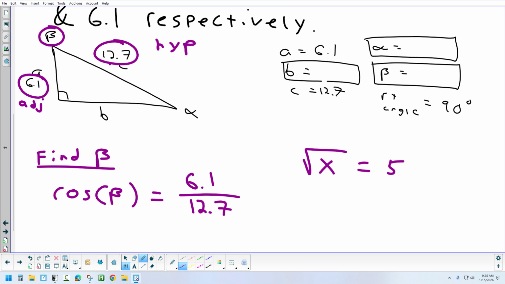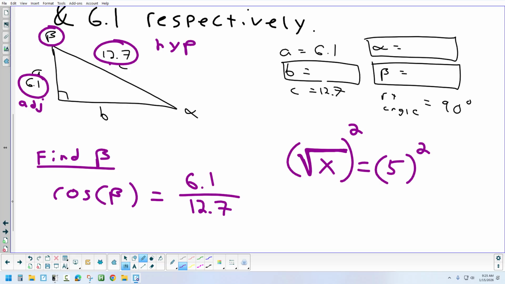The only way to get rid of this function is with another function. And we have to use the function that is going to cancel out the one we're trying to get rid of. So we had a square root, we used a square function. Those two functions are what we call inverses of each other, squaring and square rooting.